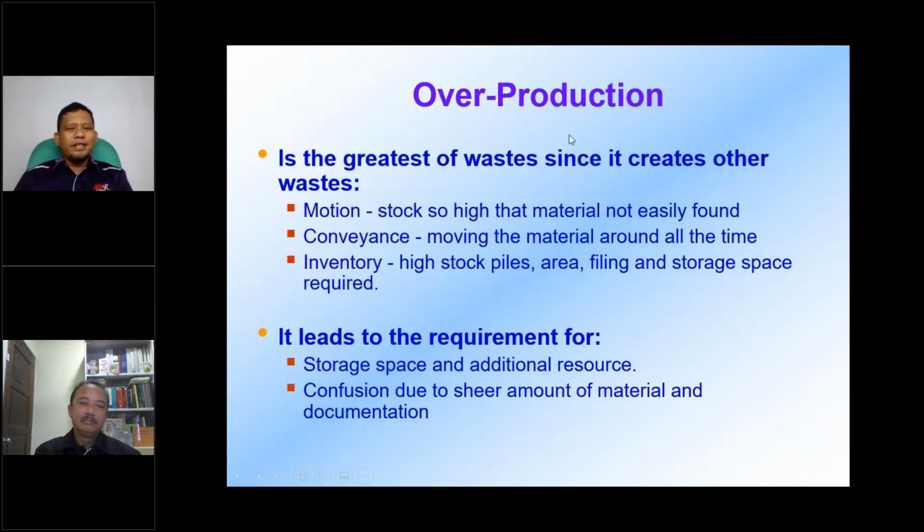It creates other waste, because you create motion waste because we have to handle more. Okay, we need to have a bigger warehouse to pile our stock, filling storage. Which needs a more complicated IT system to manage the ERP system and so on.